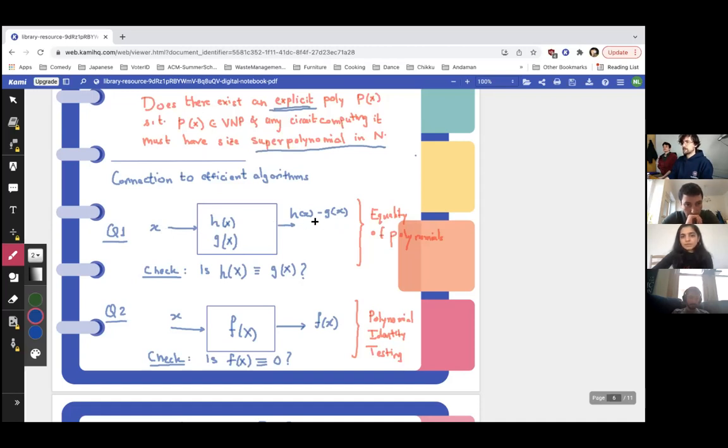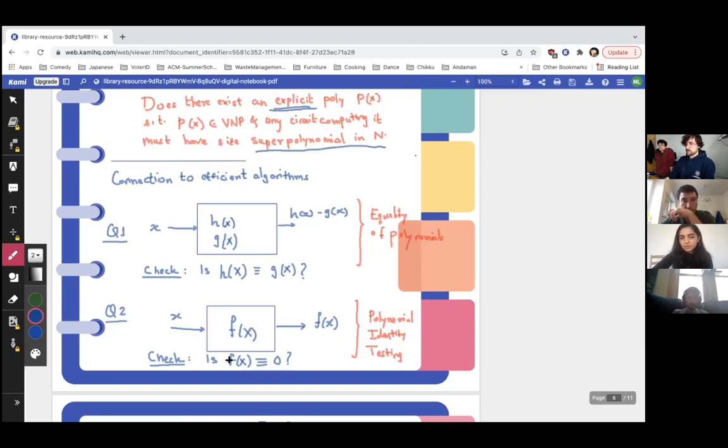What this gives me is whether they are equal or not. So it computes the difference between the two. If the difference is 0, then it's just 0, and if it's non-zero, then it gives the value that is the difference between these two. That's the output I get. And I want to figure out, by asking as few questions as possible to this black box, whether the two polynomials are identical or not.